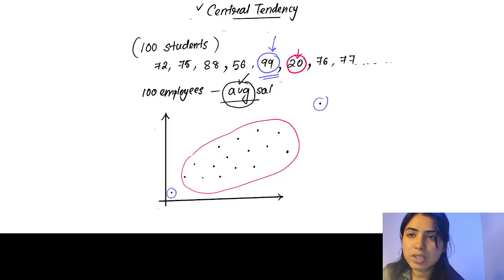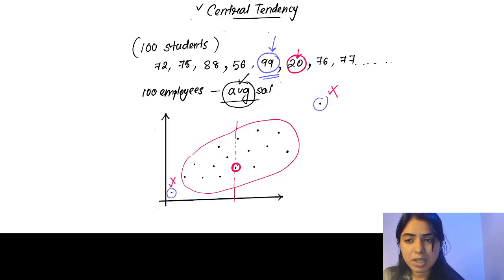If I ask which is the best representative of the entire data points, will you choose the highest? Obviously no. Or the lowest? Obviously no. You will say somewhere in between, here. Let's suppose this is the best value representing the entire community. That's what central tendency is.